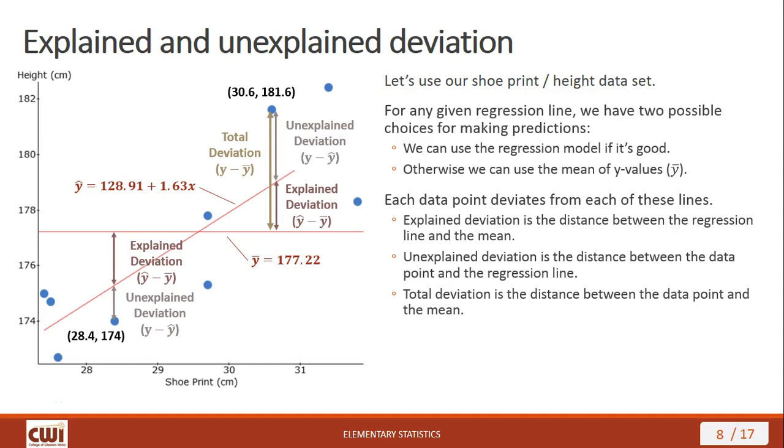Again, we're looking at vertical distances here. So only the Y values are considered, not the X. Total deviation is the distance from the mean line to the data point. In other words, we're adding together the explained and the unexplained deviation.